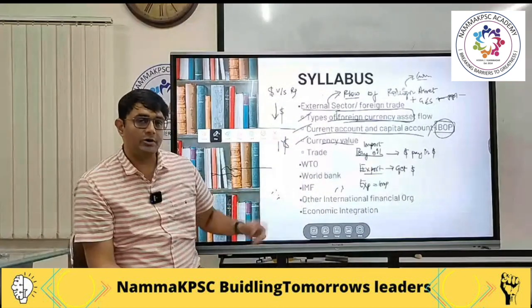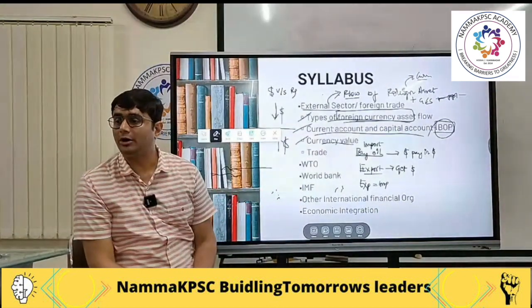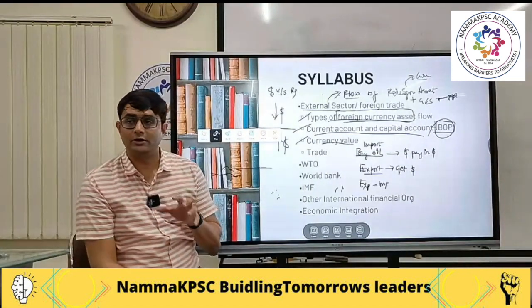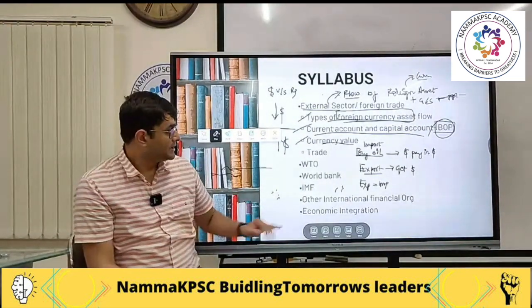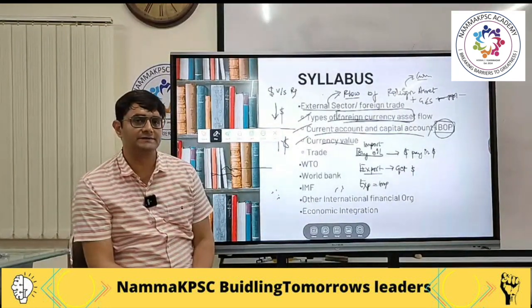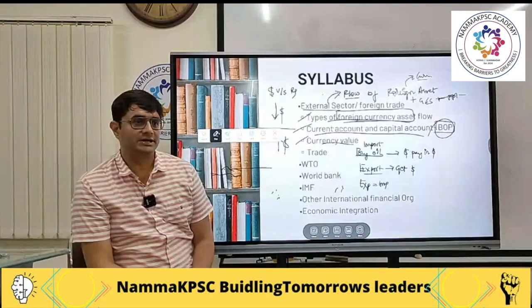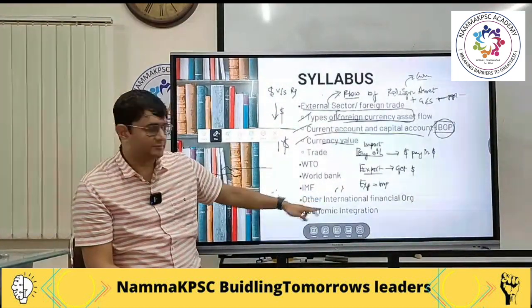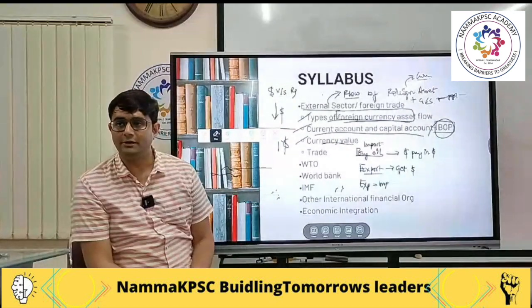Then IMF, International Monetary Fund, which ensures liquidity across the world. Then we'll also be studying other financial organizations like BRICS and ADB, Asian Development Bank, whichever is in the news. I won't stress too much on that.